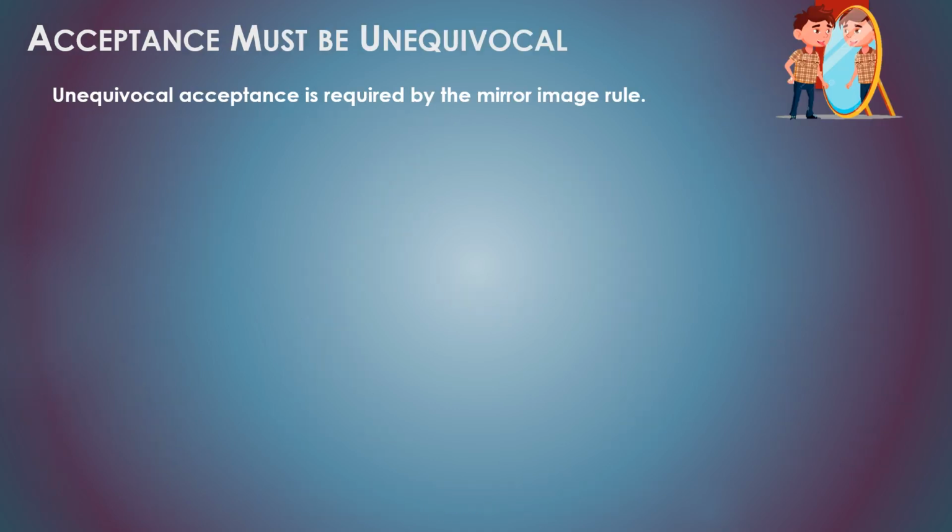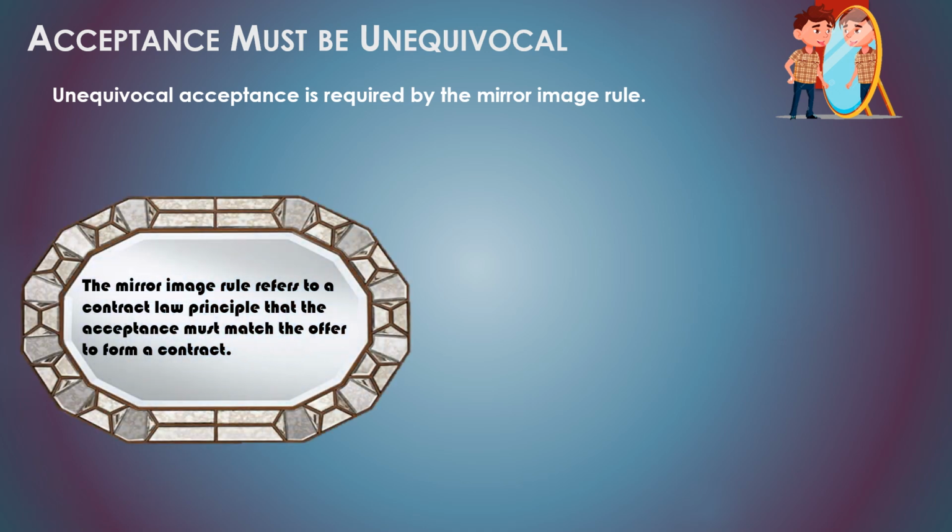Now, the acceptance must be unequivocal. This is a requirement of the mirror image rule. The mirror image rule refers to a contract principle that acceptance must match the form of the offer to form a contract.